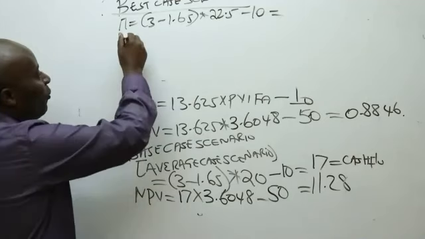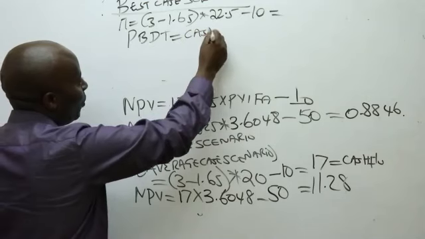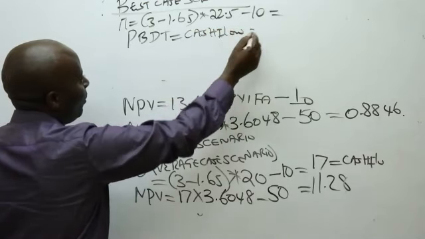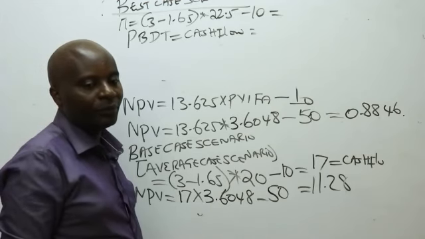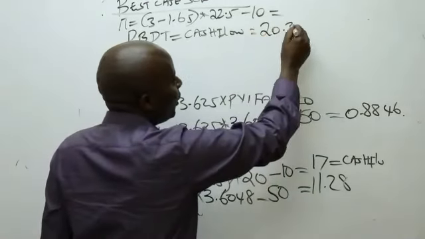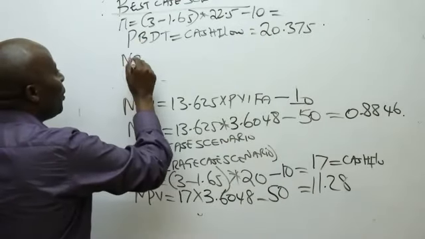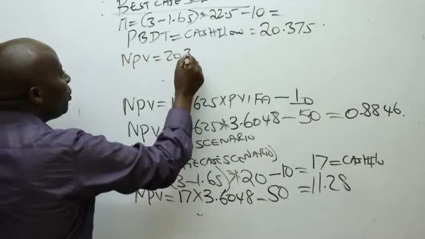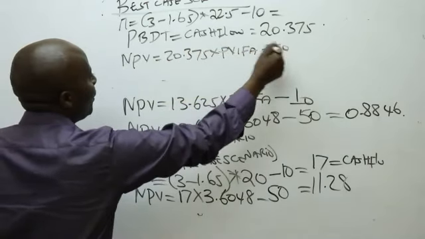So my profit before depreciation and tax will be the same as cash flow, will be equal to what at the end of the day? 20.375. So if that is the case, then my net present value will be 20.375 times PV FAR minus 50.